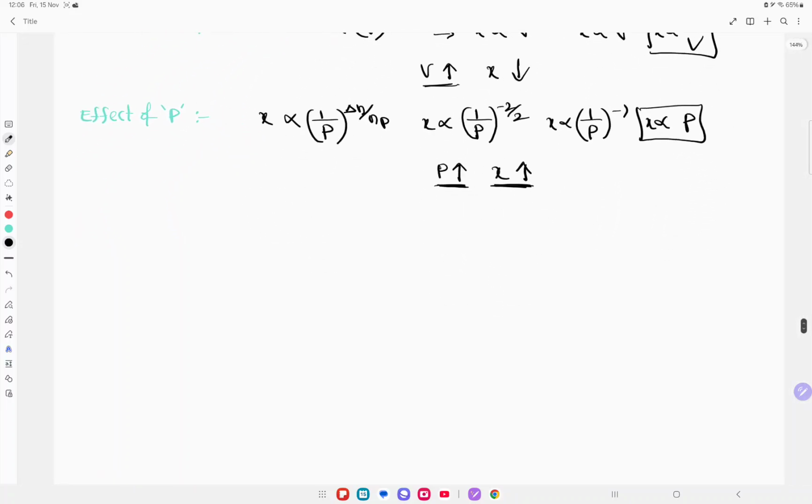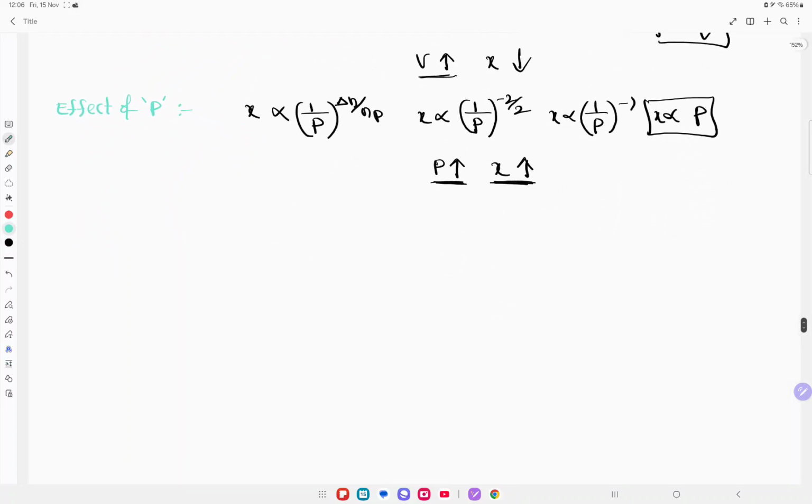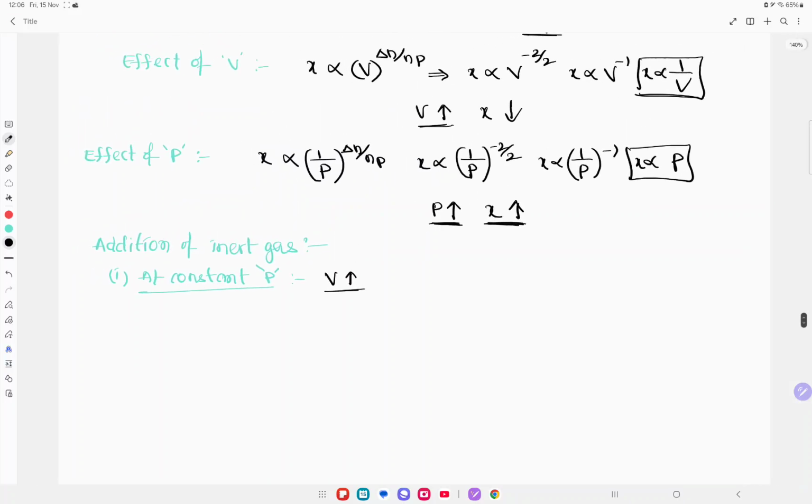Next, the third one, addition of inert gas to this kind of reaction. In these two conditions, first at constant pressure. By the addition of inert gas at constant pressure, what happens? Volume definitely increases. When volume increases, what is the relation between volume and X? X decreases.